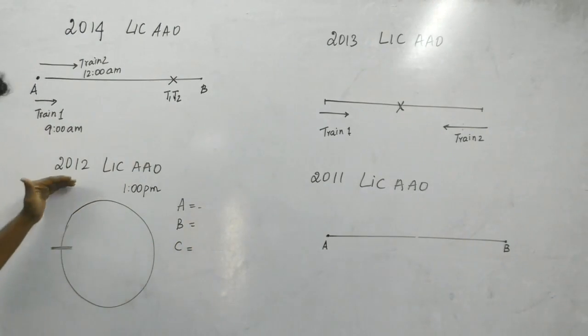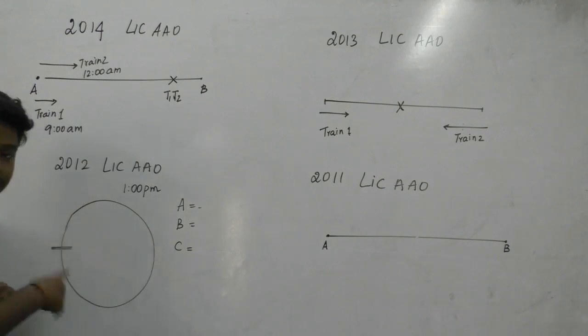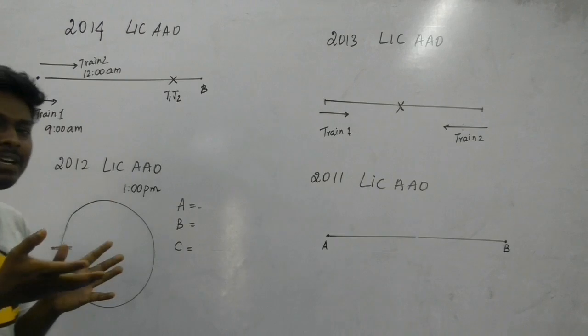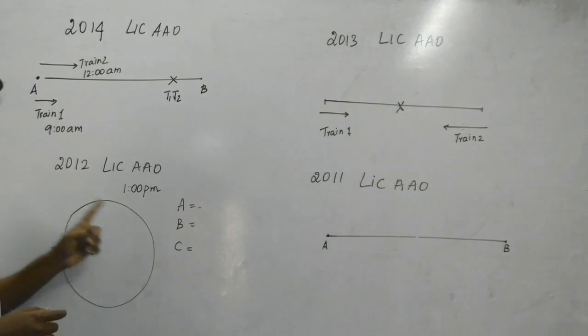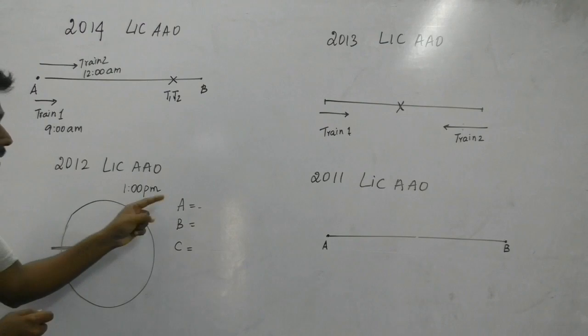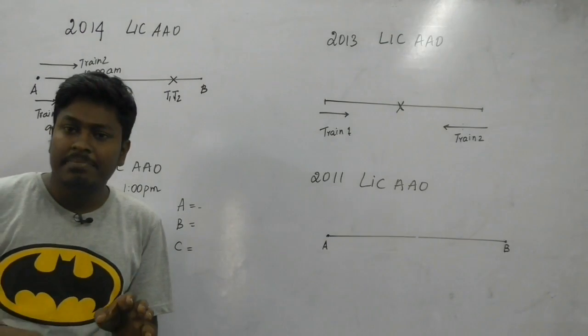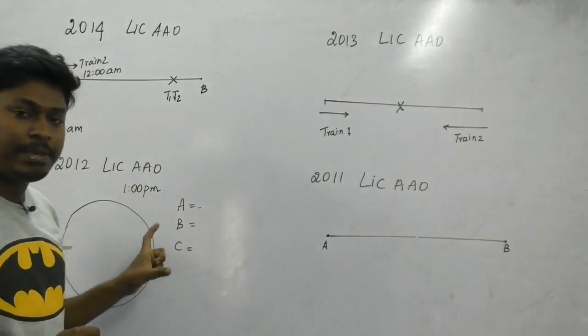Okay, we can go for 2012. In 2012 they have said that there is a circular field. In the circular field they have given some distances, like 12 kilometers, 13 kilometers. They have said that there are three persons A, B, C. A is 20 kilometers per hour, B is 30 kilometers per hour, and for each person they have given their speeds.